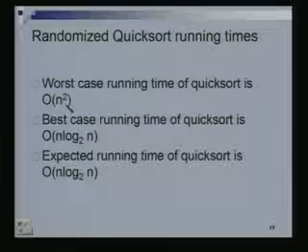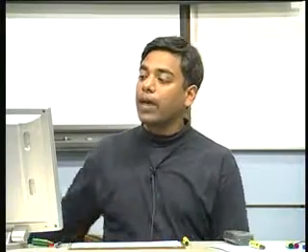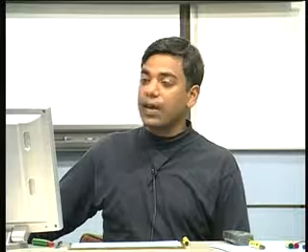Worst case time we said was n square, best case time was n log n. We didn't prove it formally why it should be n log n and why it can't be less, but intuitively you can understand that the best thing happens when the two parts are roughly equal, and then we argued that it will take n log n. And the expected is once again n log n.